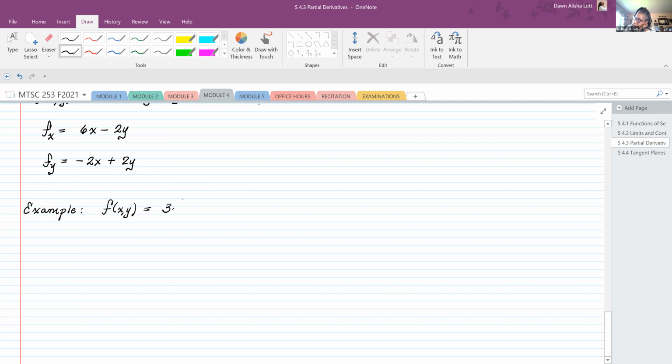Three x cubed minus 4x squared y plus 3x y cubed. Okay. So f sub x says take the derivative with respect to x, y is a constant. Let me add on here y to the 4th. So the derivative of 3x cubed is going to be 9x squared. Now, this actually looks like negative 4y times x squared.